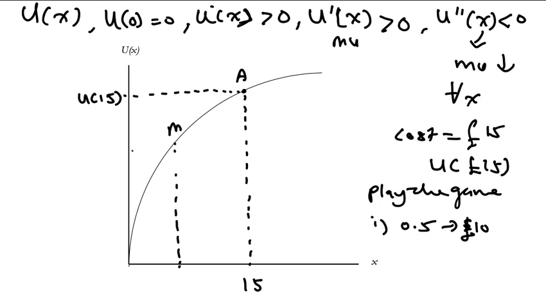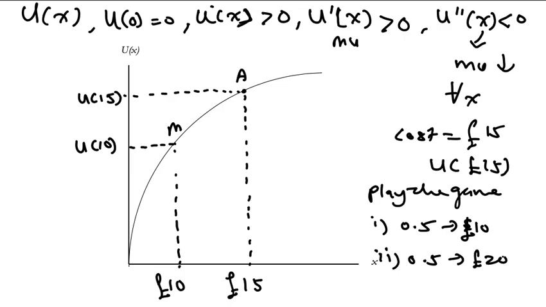So this is M, and receiving 10, the utility of 10 is here. The second possibility of playing the game is 50% he will receive 20. That is shown by point N here. So 20 is here, and the utility is here.